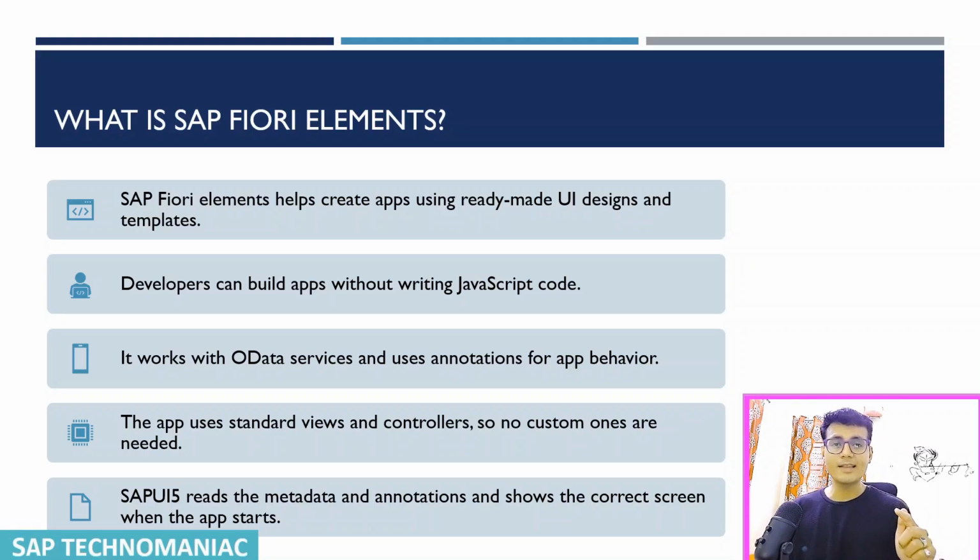Now you will think, without creating the views and controllers, how are these SAP Fiori elements or annotations creating the application? In the backend, whatever we are giving, the data comes from the OData service and annotations. Out of them, the SAP standard framework creates the standard views and controllers.